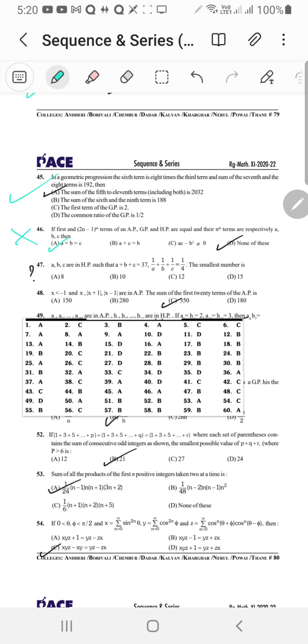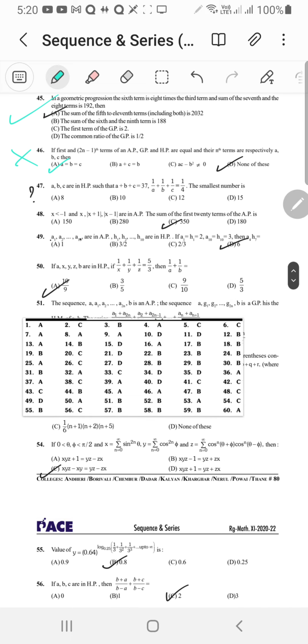Doesn't mean that these must be equal, right? Whatever. I don't know what this means. Why should it be A equal to B equal to C? Makes no sense. 47. They are saying it's B. I don't know about this.